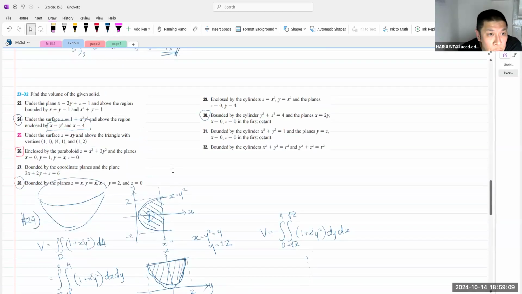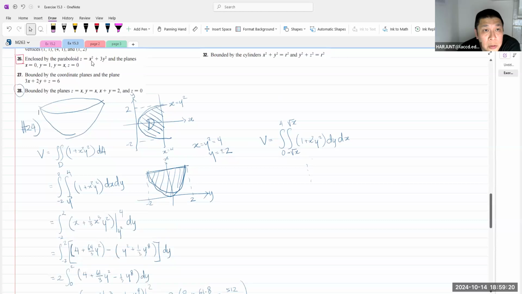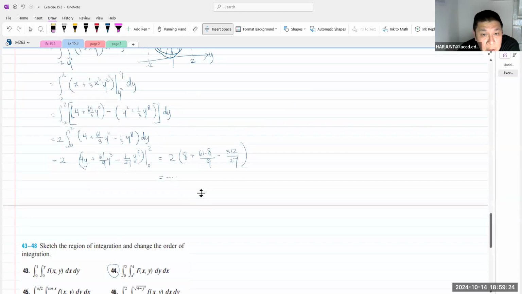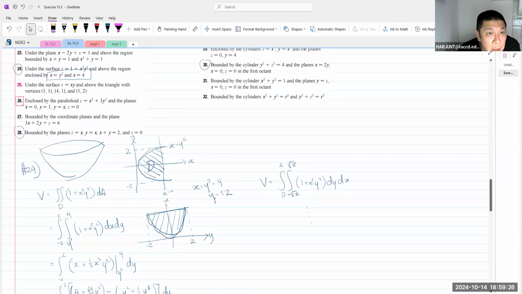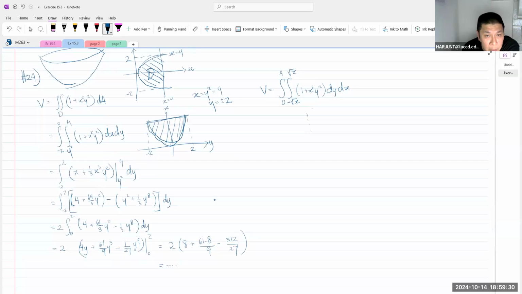I think I wanted to do number 28 also in 5 minutes. I have only 5 minutes left. But this one is good. So let me see how I find a space to work on that. Bounded by the planes, z equals x. Let me copy that.